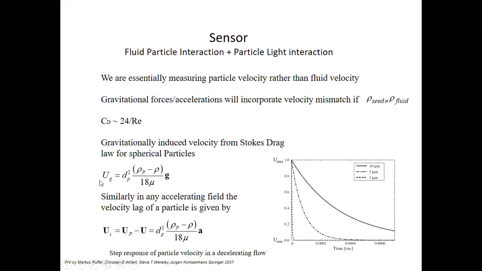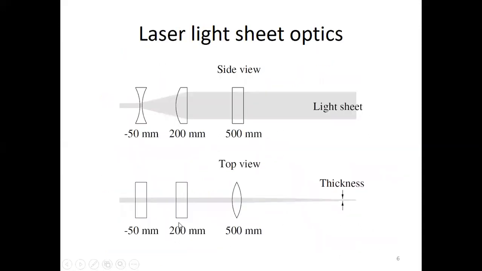Well, what you see here is the classical Stokes formula. There is a drag law, the Stokes drag law. It shows how the drag velocity depends on the particle size, on viscosity, and on the difference between particle density and density of the flow.